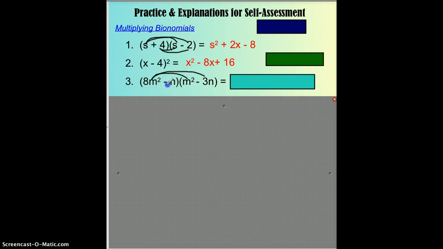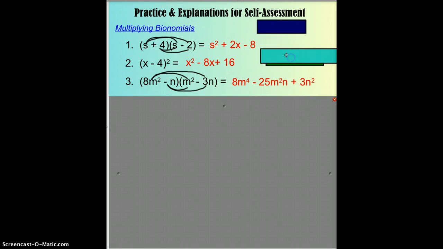Then I have negative n times m squared is negative m squared n, and negative n times negative 3n is positive 3n squared. After you combine like terms to find matching exponents, you should have gotten 8m to the 4th minus 25m squared n plus 3n squared.